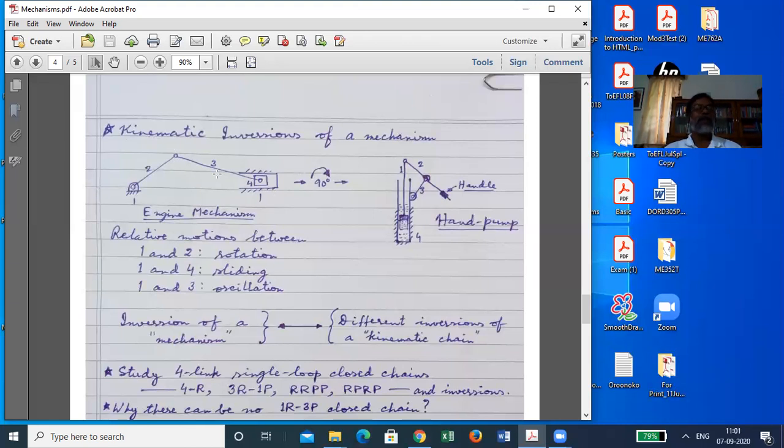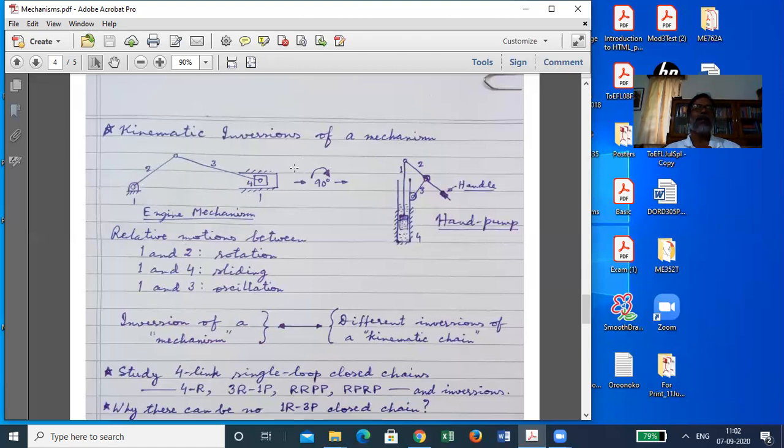For each instant, you can find out the motion as a rotation about some point, but then that will keep on changing from one instant to another. So these are the three kinds of motions that are taking place. Now, from here, what we have done, we have turned this mechanism by 90 degrees. You see this horizontal thing, link 1, has become vertical.